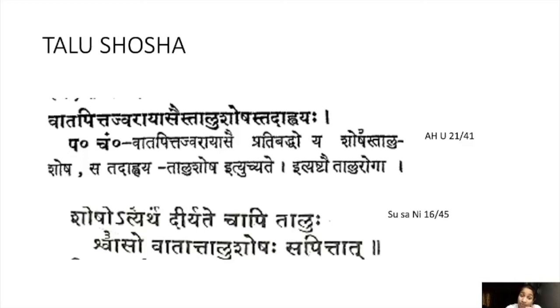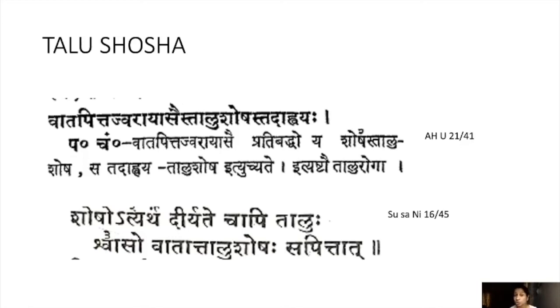Shosho Atyartham Diryadescha Api Talu Shoso Vada Talu Shosha Sapittat. Here also Pitta is causing Shosham. Atyartham Shosham, so more Shosha, atrophy will be there. In Talu there will be more Shosham, and that will cause Shwasam, difficulty in breathing.